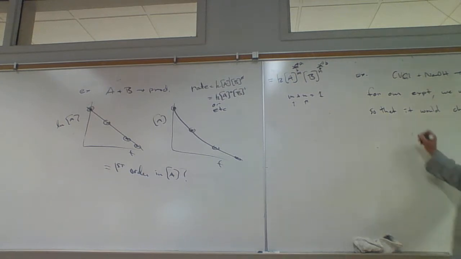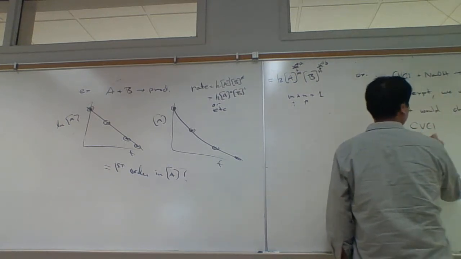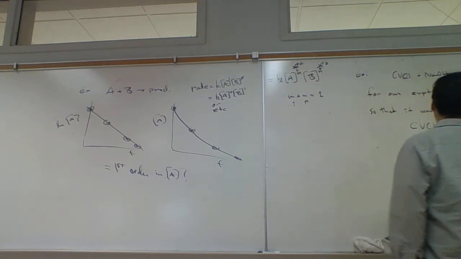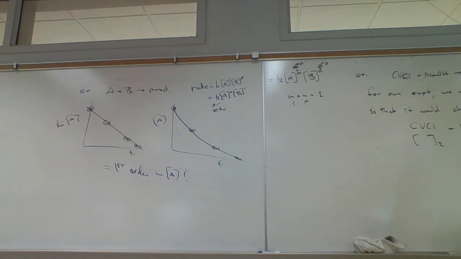In other words, if we set this up, we have the initial concentration of crystal violet chloride plus the sodium hydroxide. Let's say we lost half of our crystal violet chloride. That would be minus 0.5 times CVCl initial.